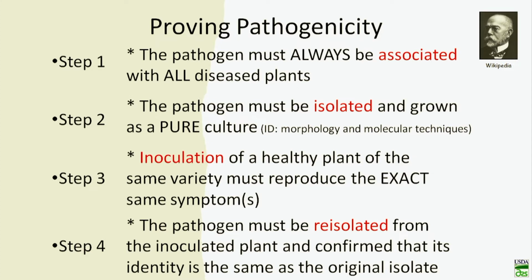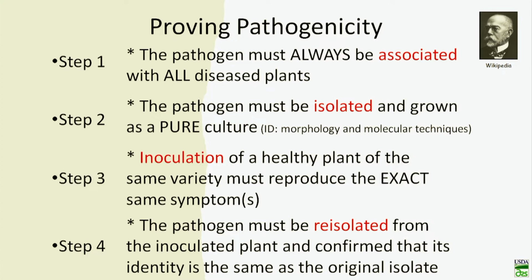Now, Koch put forward these 4 steps in the late 1800s for some animal diseases, actually, and plant pathologists have also adopted this. The 4 steps being the pathogen always has to be associated with all diseased plants of certain symptomology. Okay?